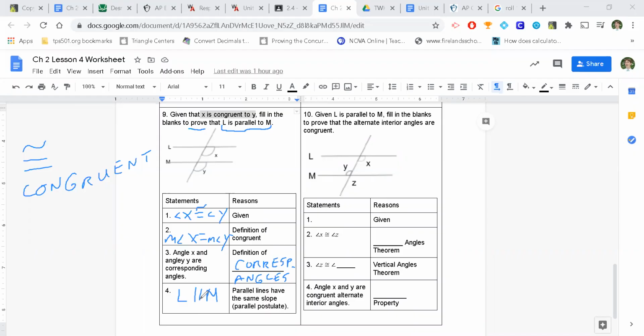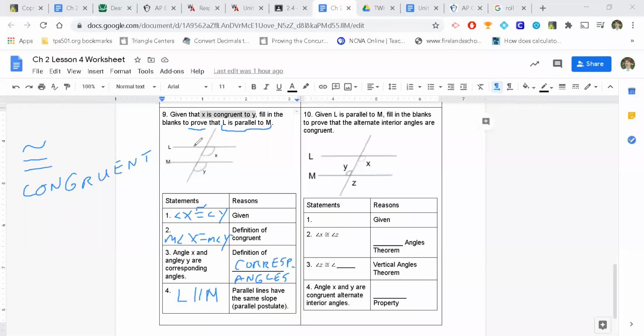All right, let's see why we can write this here. It says the reason is because parallel lines have the same slope according to the parallel postulate. So again, what this proof is telling us is if I am given that these 2 angles are congruent, that means that they have the same measure. And since they are corresponding angles, they are in the same position.